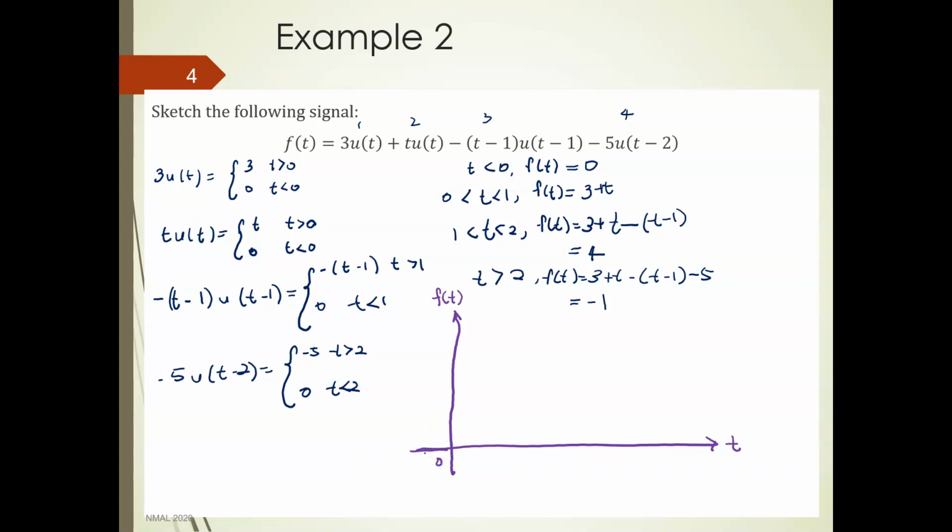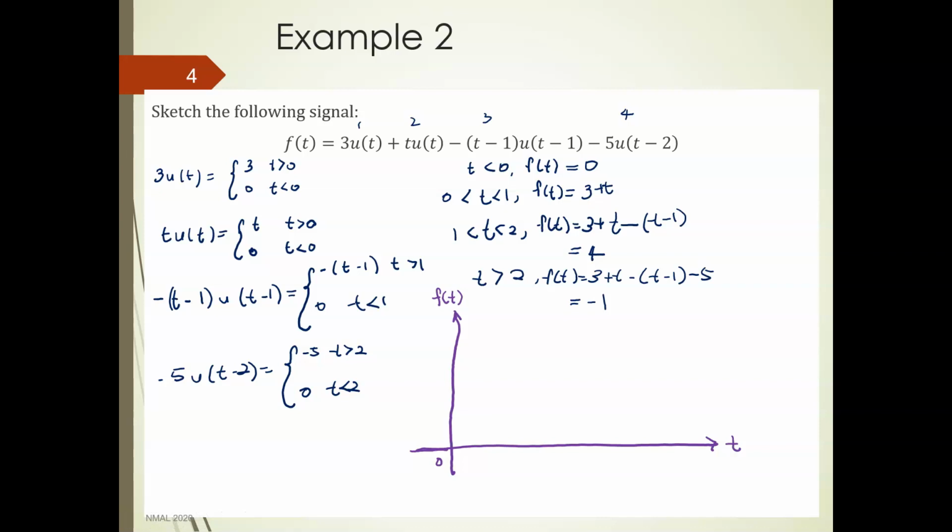From 0 to 1, it has the value 3 plus t. This is where you need to apply your knowledge of plotting the basic graph. I believe that you have learned it before.